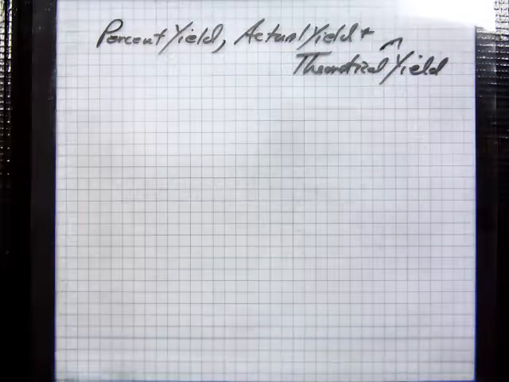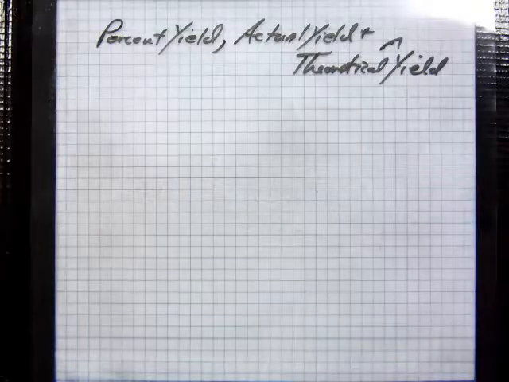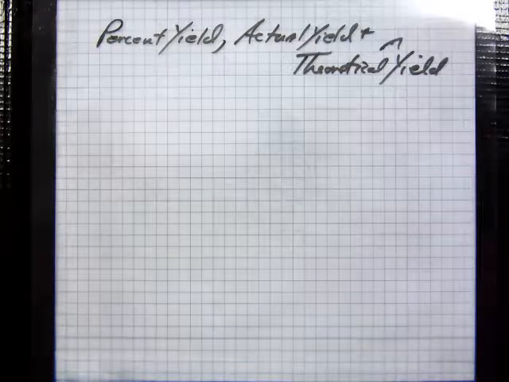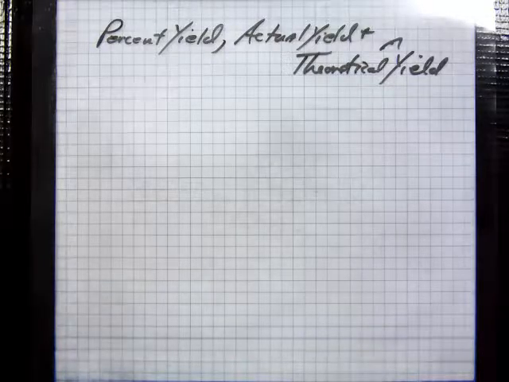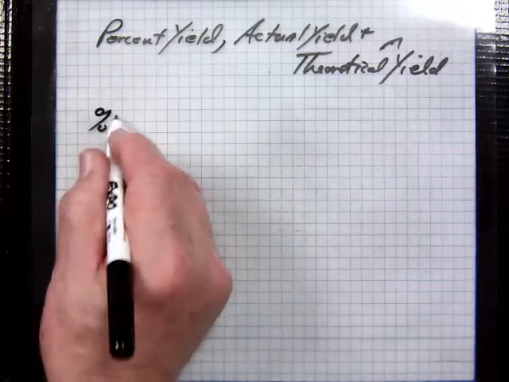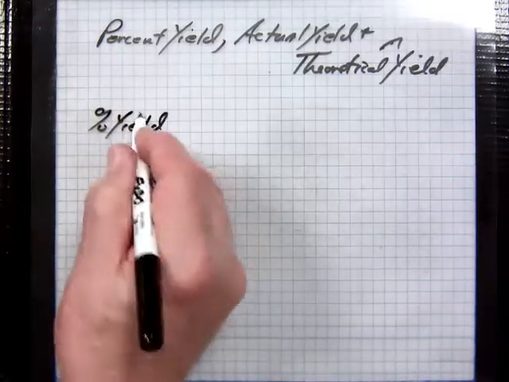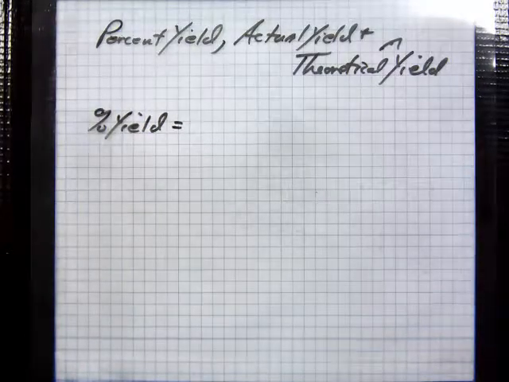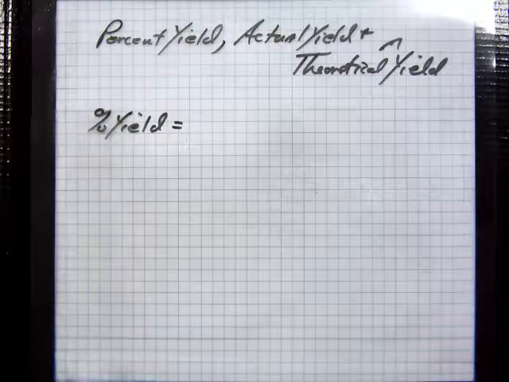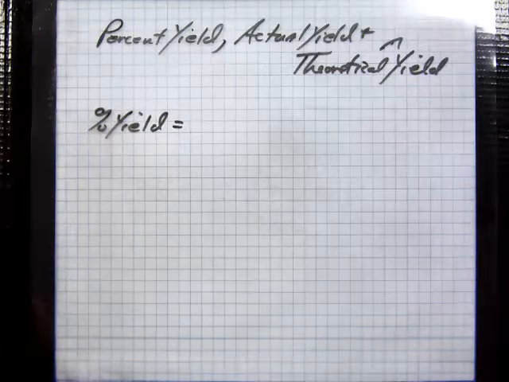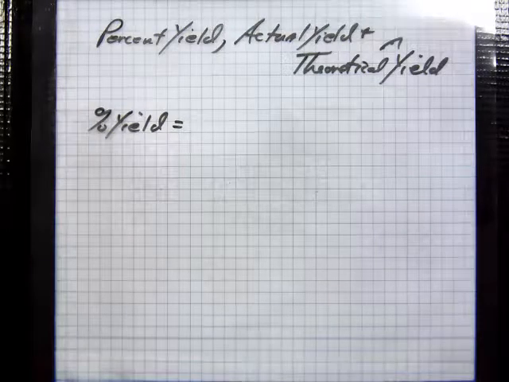Percent yield comes from the fact that in the real world, no reaction produces 100% of the product that it predicts it will produce. So we use this thing called percent yield as a measure of how efficient the reaction might be. It's simply a part over total times 100, relative to what's produced against what could be produced.